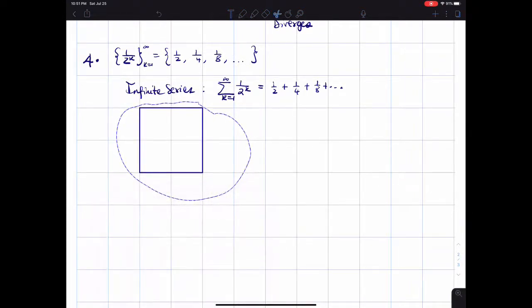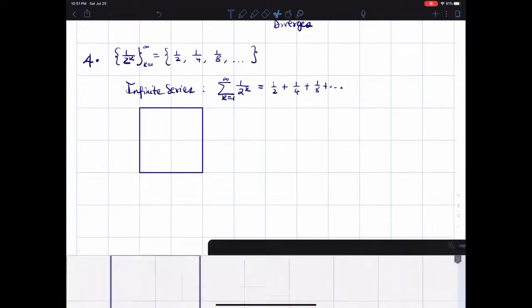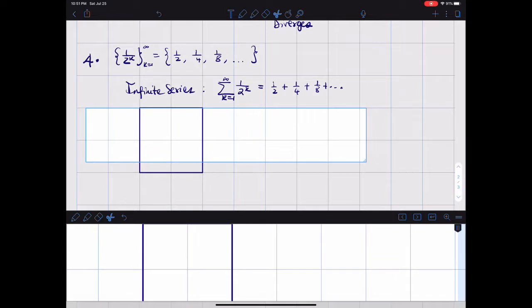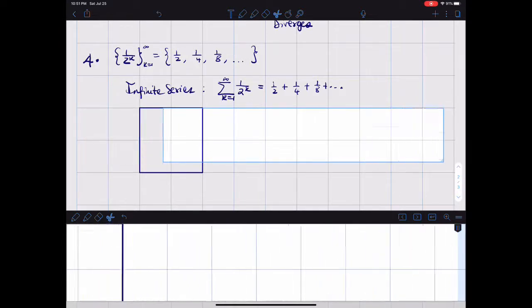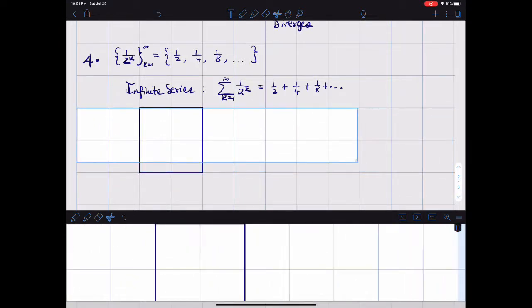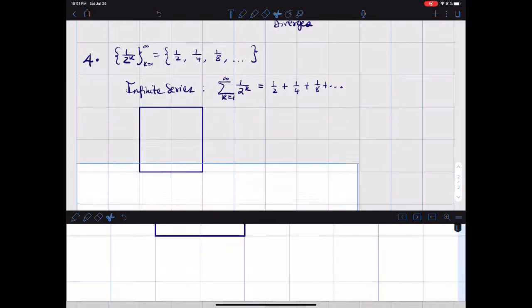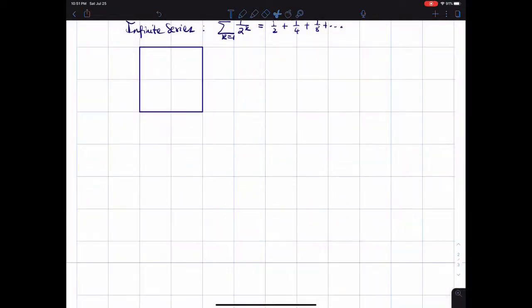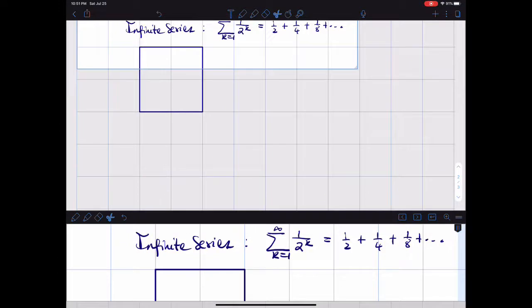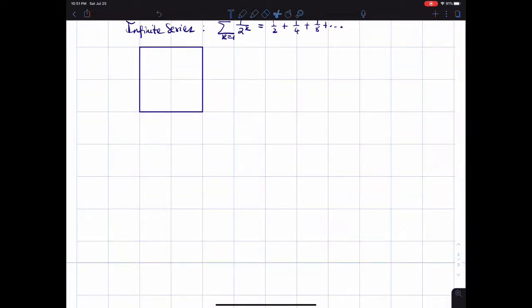Maybe this. All right, so this is a square. Now I want to get 1/2. So let's assume this is 1. This square, its area is 1. I want 1/2. So this is 1/2. This will give me 1/2.